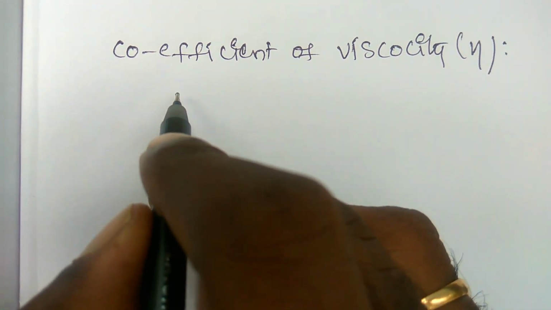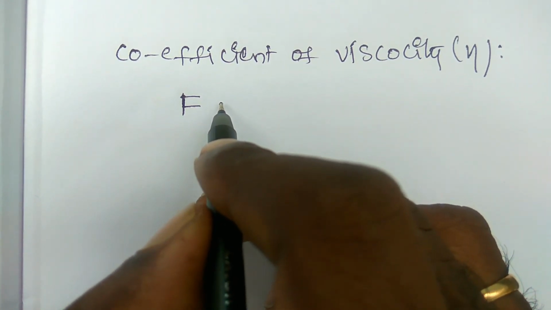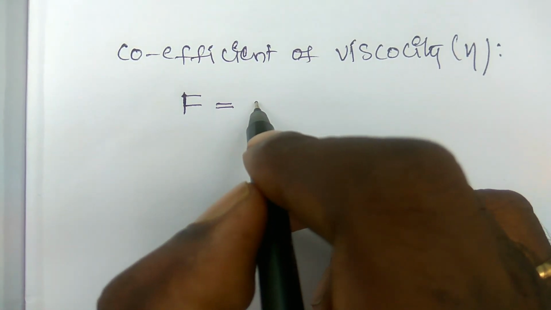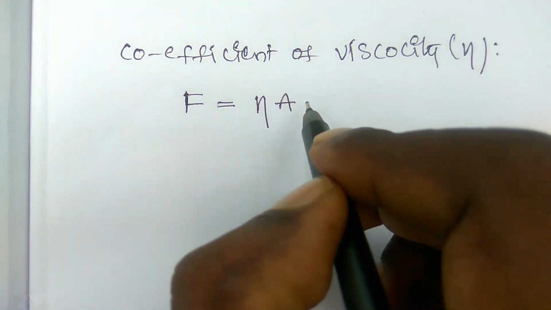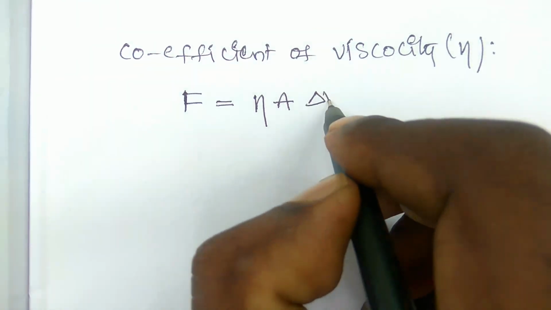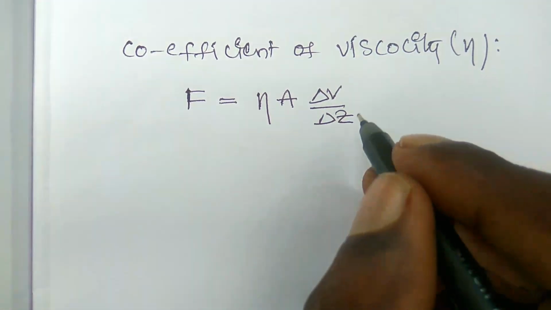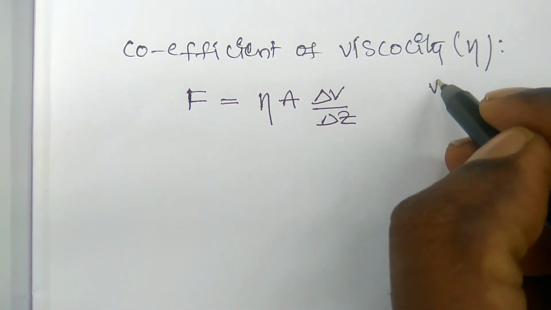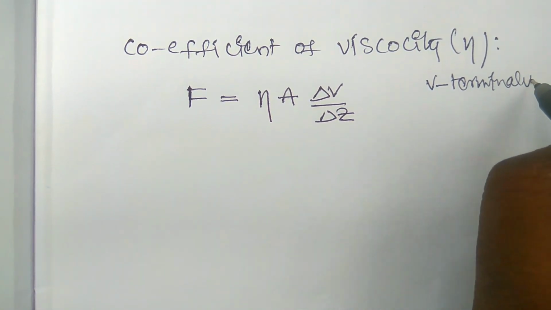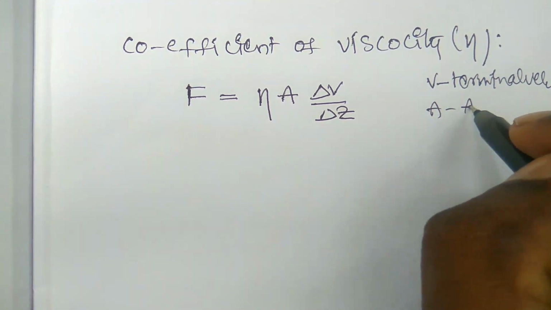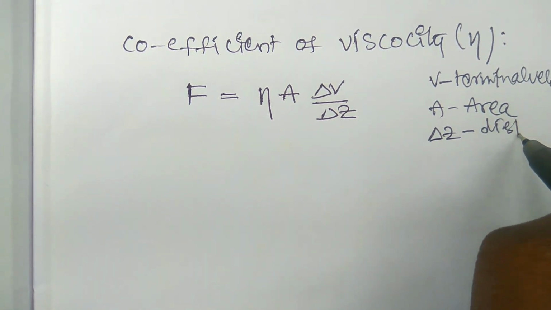Here we have to write the formula for the coefficient of viscosity. From the force acting on the droplets, F is equal to eta into area A and delta V by delta Z. Here V is the velocity, or terminal velocity, A is the area, and delta Z is the distance or length.